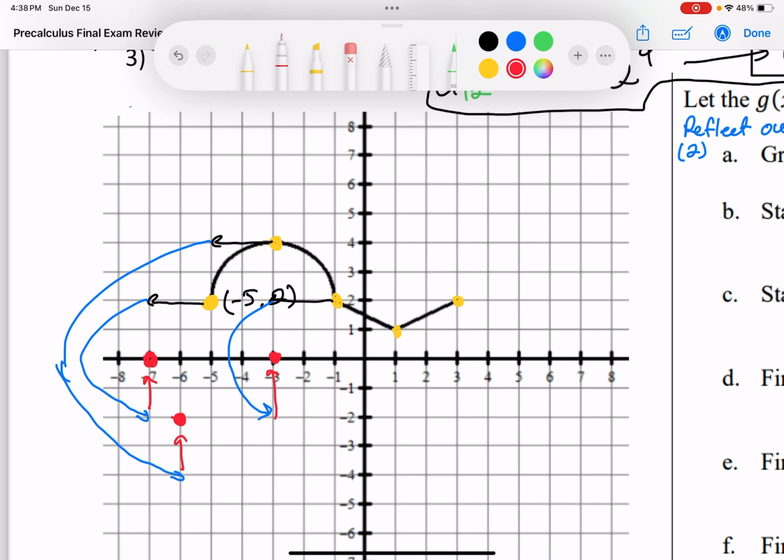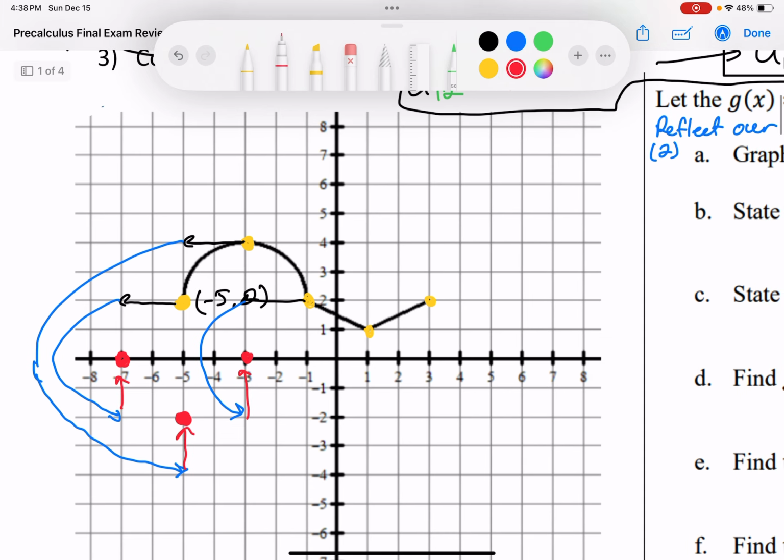Yep, I have bad hand-eye coordination. This point should actually be right here, because when I reflect it across the x-axis, it will land right here. And then I'll move that point 2 units up. So that's my hand-eye coordination. It's just terrible.